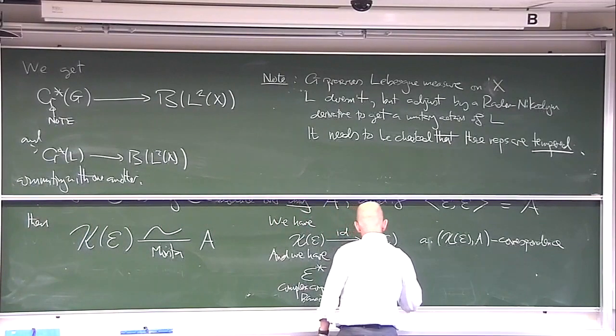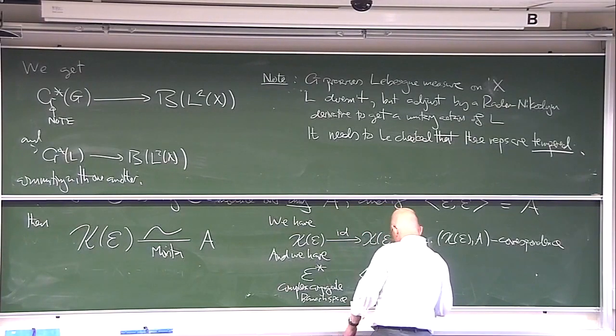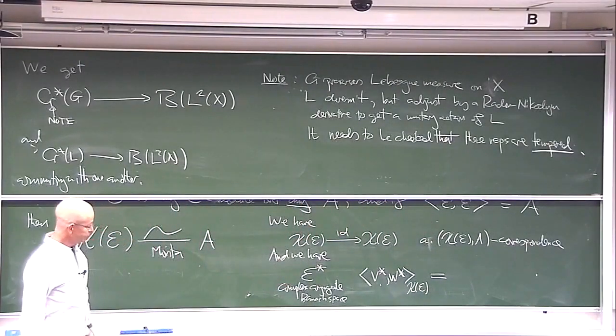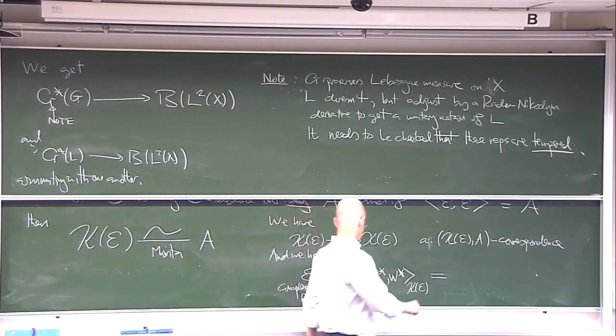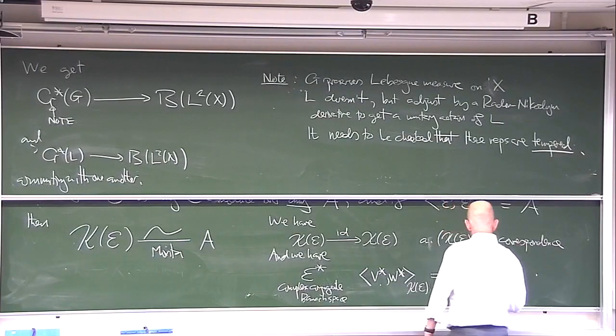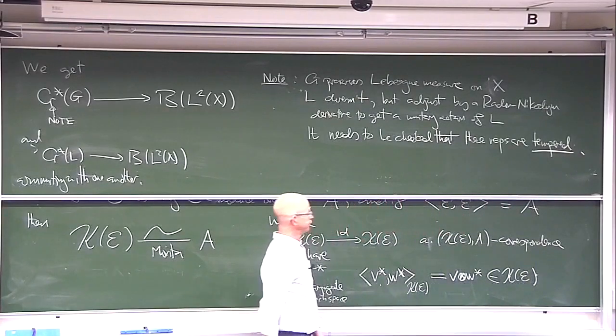I have a V star, W star, and I'm going to build a fancy inner product here, which is valued in the compact operators, and I do just about the most obvious possible thing, namely this. Here's one of these rank 1 operators.